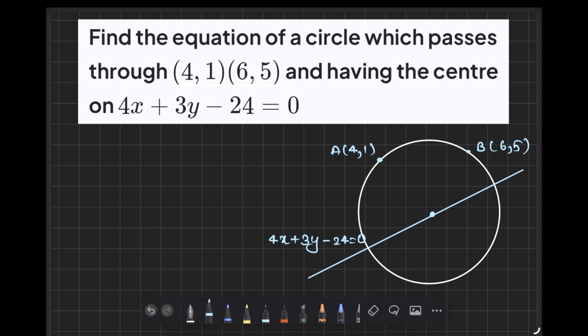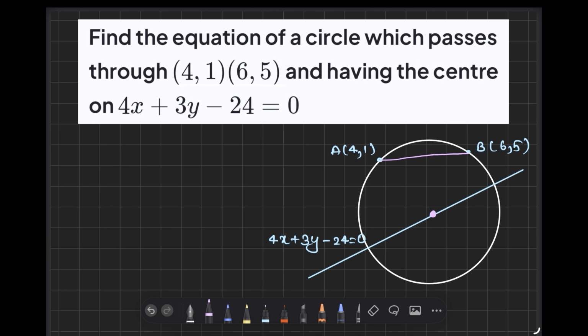So first, try to understand how we will solve this. Using the points A and B, if we connect A and B, we get a chord. Now suppose this is the center.